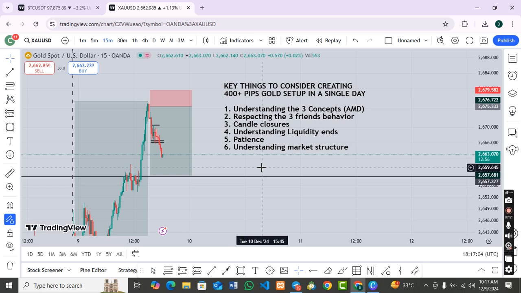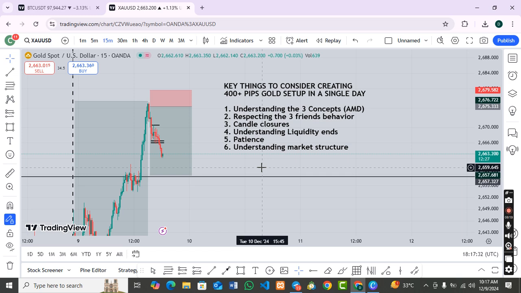The way they have programmed the system is that it must create an order block and a fair value gap anytime there is a change of character. So if you check the chart, anytime price shifts in structure or breaks a particular structure, an order block and a fair value gap will be created.